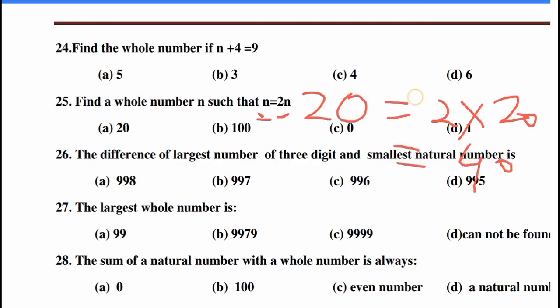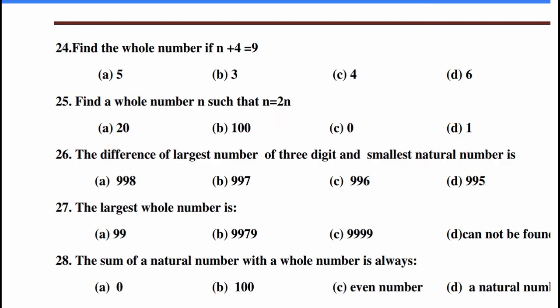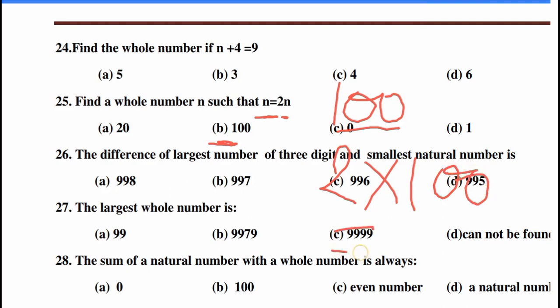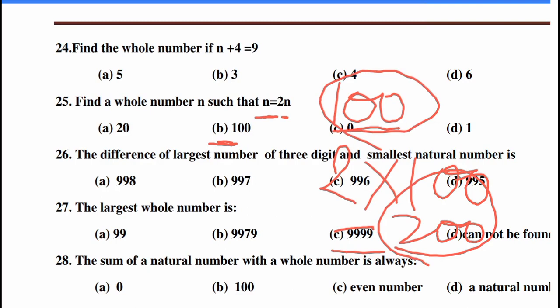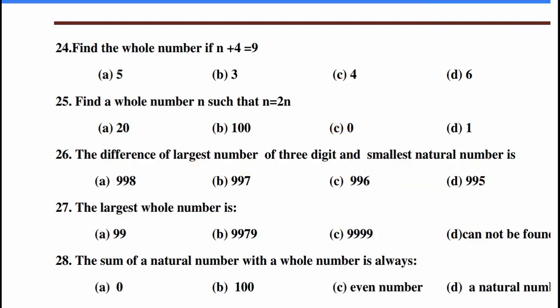That means both sides are not equal for this value 20. Now we check it for the value 100. n is equal to 100. This is left hand side. And 2 multiplied by 100 is equal to 200. It is right hand side. And again both values are not equal. So this value is incorrect.